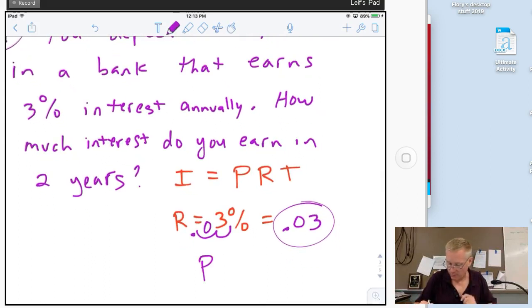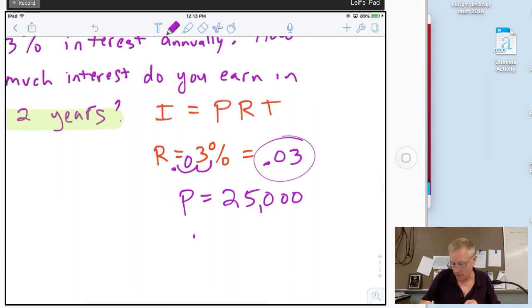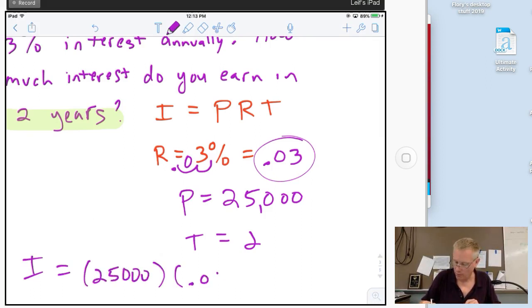The principal is the $25,000. That's the amount of money that you started with. And the time is 2 years. So I'm going to plug all these into my formula. P is 25,000, R is 0.03, and the time is 2.